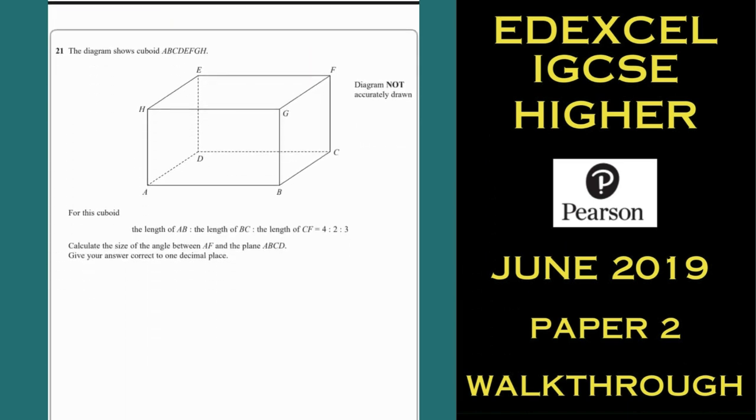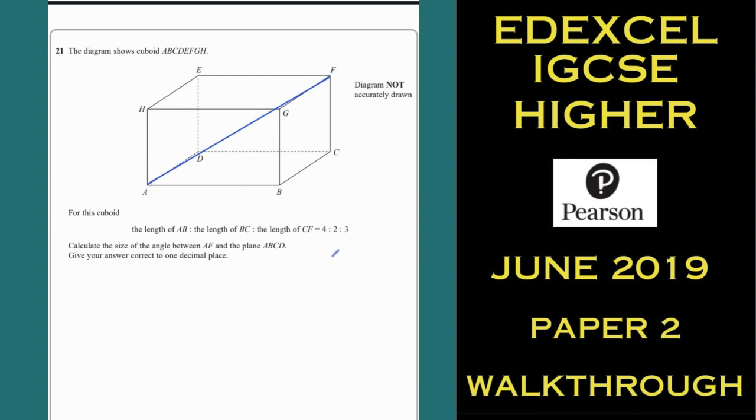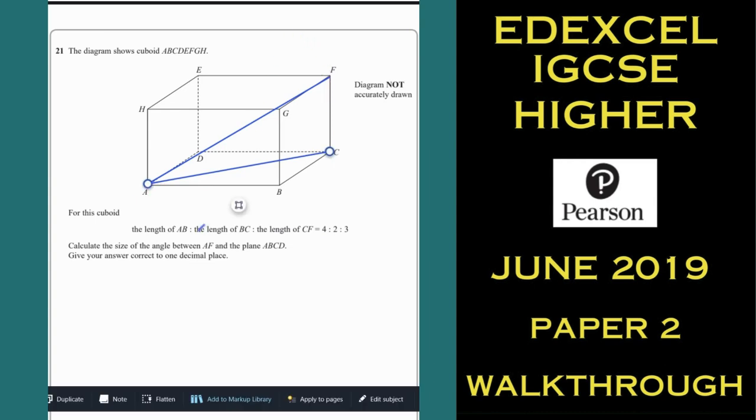Number 21. I'll get my mouse a little bit here. So calculate the size of the angle between AF, always draw it in, and the plane. So the idea is you must draw, people always wonder, where do I draw that second line?